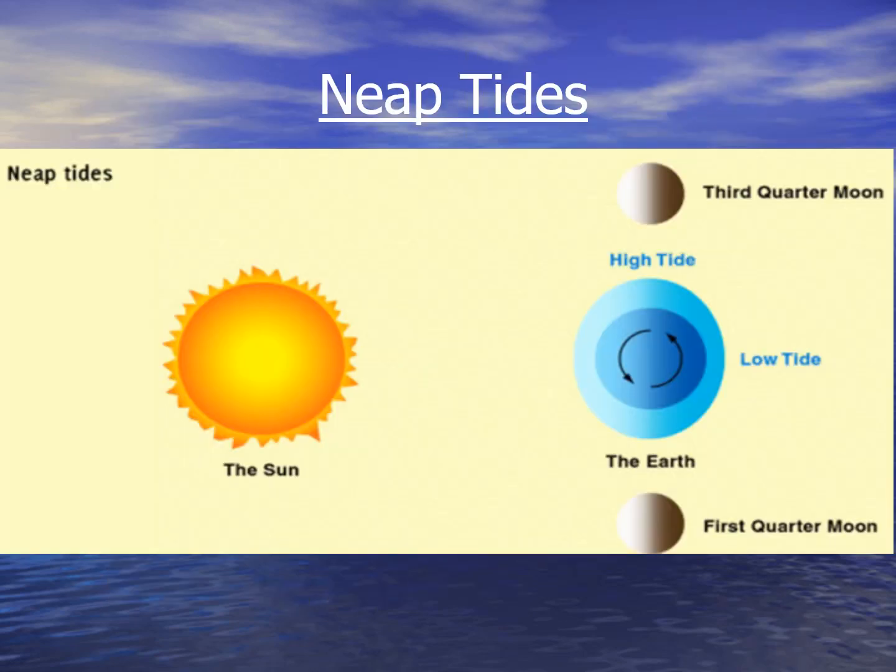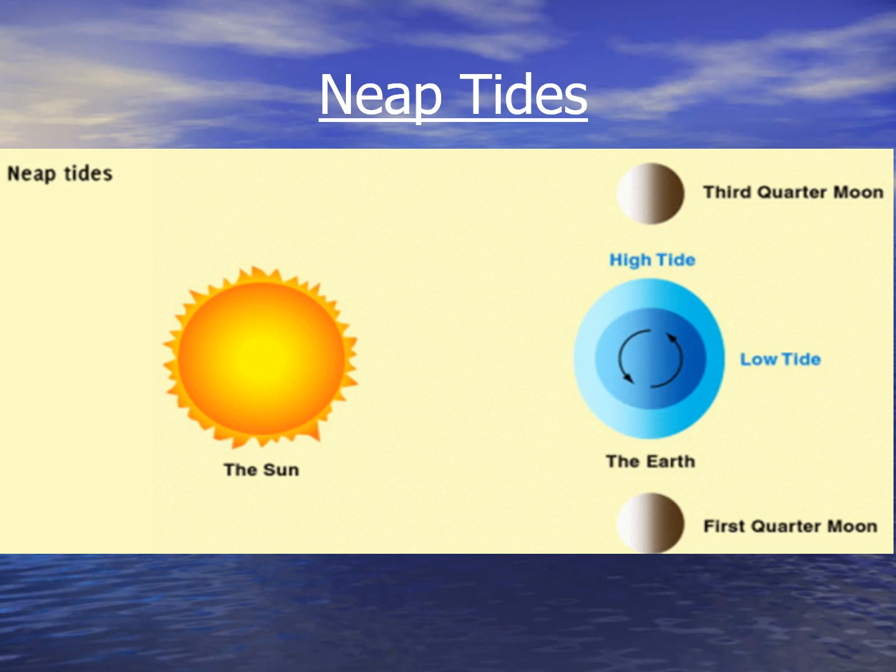So this is a good illustration. Our sun is over on the left, like we just talked about. Our moon is either in a first or third quarter. Okay, so you can see where our low tide would be. Again, our high tide is where the moon is because the moon is closer and it's pulling a little bit more than the sun because it's closer, has a little more gravity.